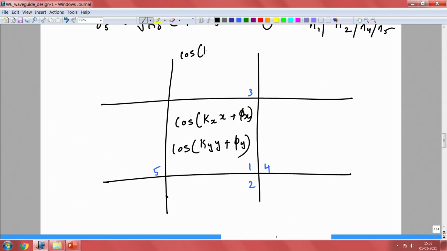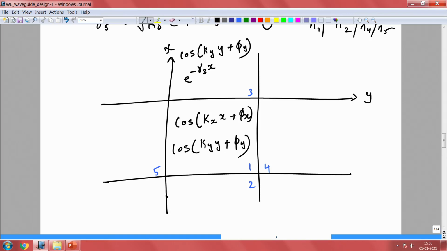So, cos ky y plus phi y, and you will have a decay along x, right. So, that means e to the power minus gamma 3 times x. Here this is y and this is x. Okay. So, just keep that in mind.